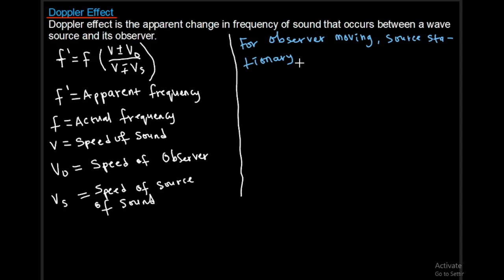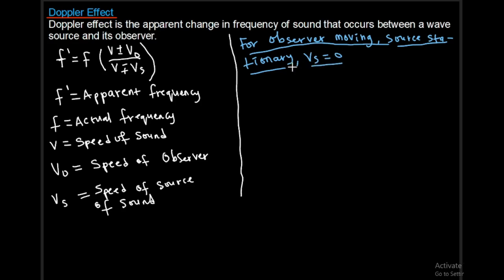It means the source is at rest, so the velocity of the source will be equal to 0. So this is a case for the observer moving and the source stationary.